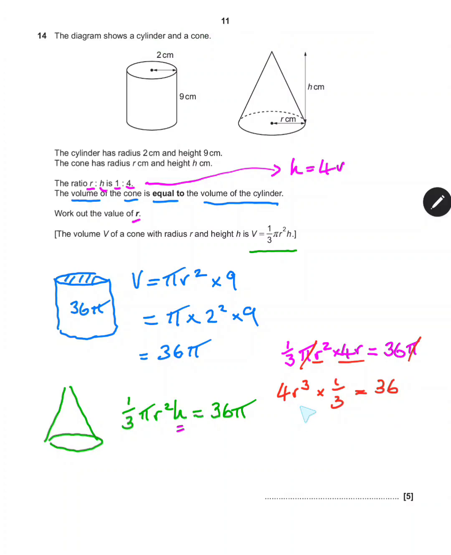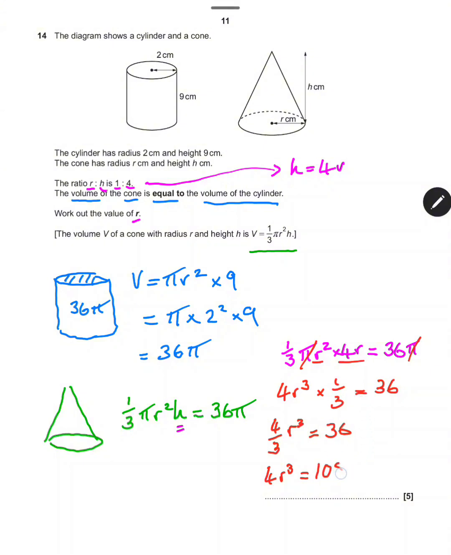We want to make r the subject if we can. So I'm just going to rewrite this and do the 4 times a third, which is 4 thirds r cubed equals 36. Now this is not too bad an equation to solve. I'm going to times both sides by 3 to get rid of this, and we get 4r cubed equals 3 times 36, well 3 30s are 90, and 3 6s are 18.